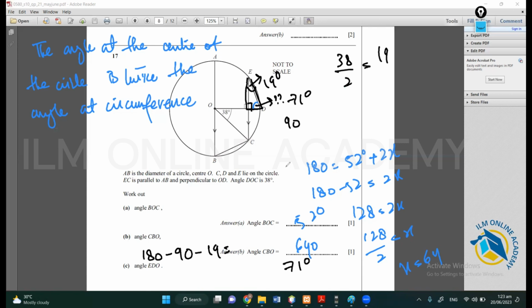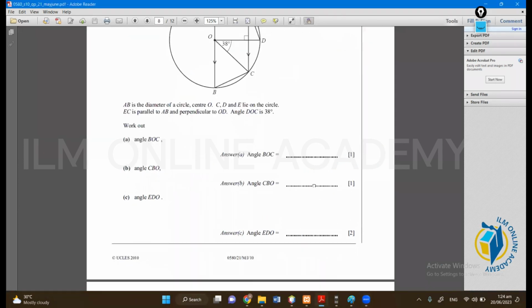And just remember, whenever you solve trigonometry or mensuration questions, you have to keep the properties and formulas in your mind. The more understandable properties and formulas you have, the easier it will be to attempt these questions, because it's all about the properties and the formulas. Okay, so question number 17 is done.